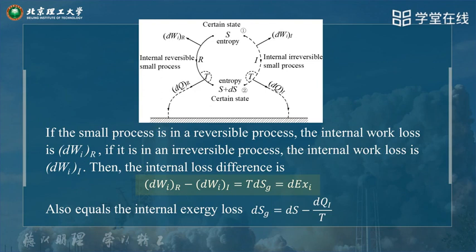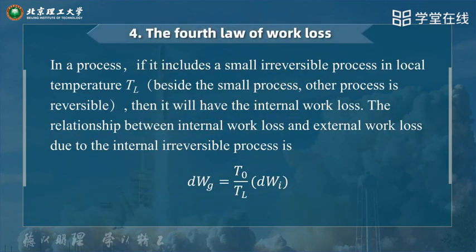So here is T dSg, also equals internal exergy loss. So dSg equals dS minus dQi over T. Okay, here last equation just is the third law of work loss.